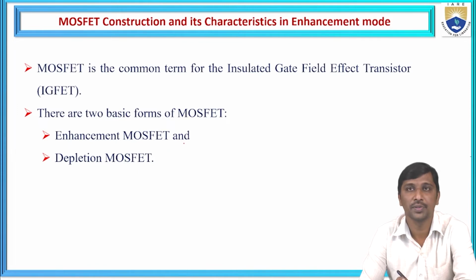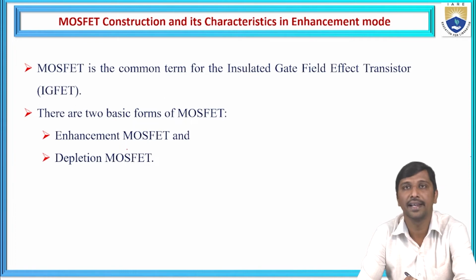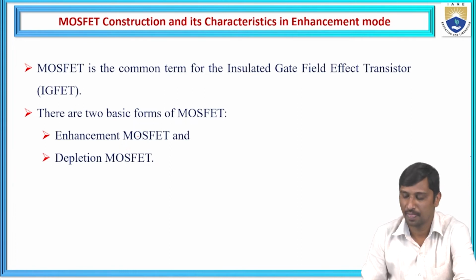Now we are going to discuss the construction of the MOSFET in enhancement mode, as well as its characteristics, meaning how it behaves. We observe that behavior through the enhancement construction.